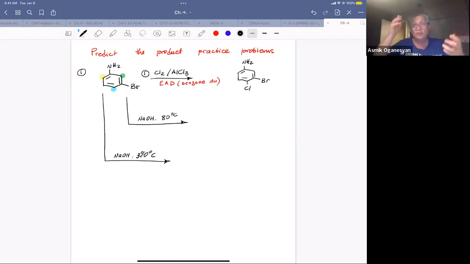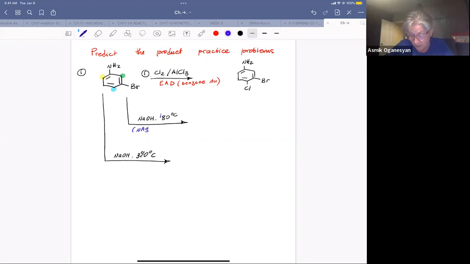So now let's move on to the second set of reaction conditions. We have the same substrate. A very common mistake is that students see an electron donating group and they think it's an activator. Yes, it is an activator for EAS reactions. It's a deactivator for NAS reactions. And when I look at the reaction conditions, my reaction conditions for the second set is the NAS reaction.